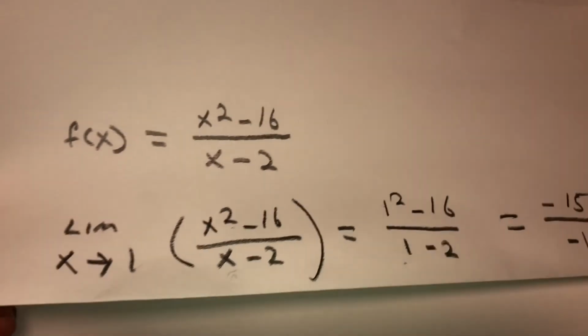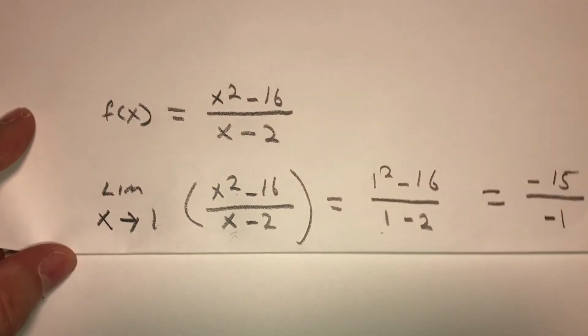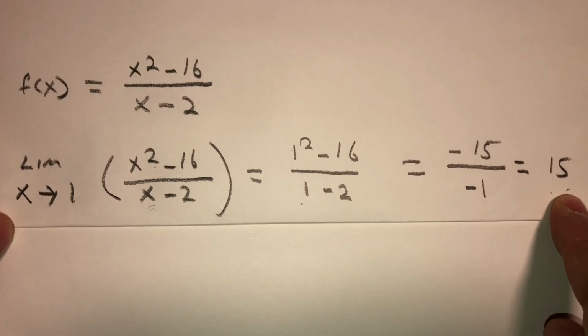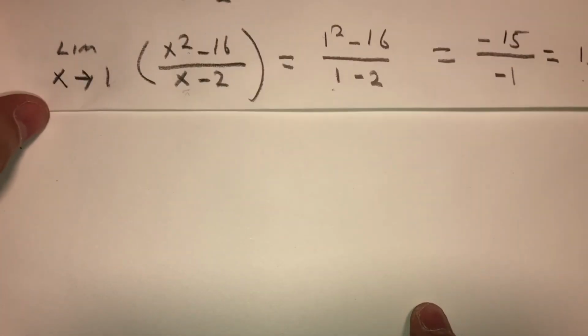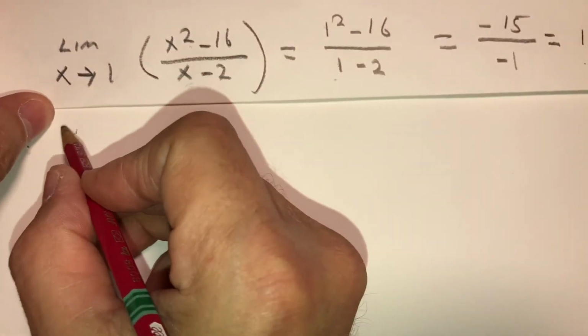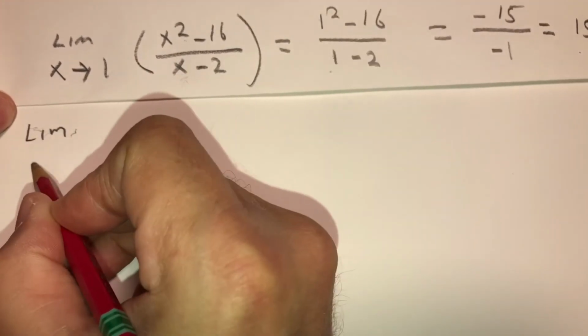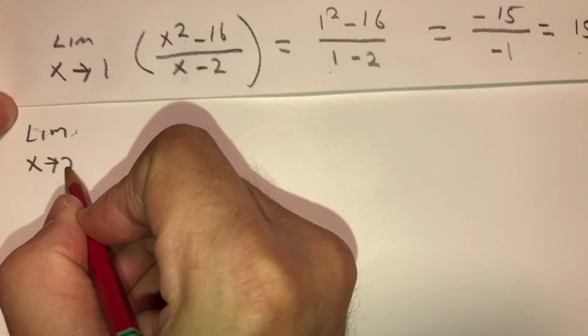Okay, right now I want to return to a problem we did a little bit earlier, namely this one. So I want to do a slightly different limit here. I'm going to do the limit as x approaches 2.